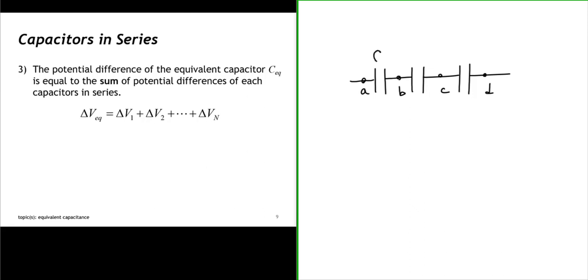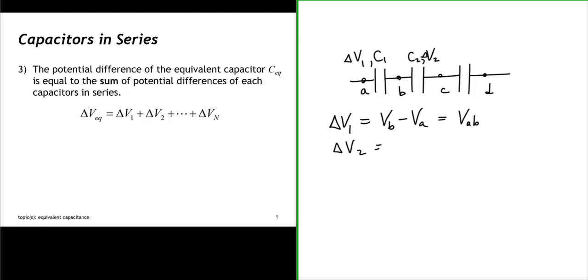Now, for capacitor C1, the potential difference across C1, which I'll call V1, is equal to the potential at point B minus the potential at point A. Another way of saying that would just be the potential difference from A to B. If we look at the potential difference across capacitor 2, we'll label that potential difference delta V2.